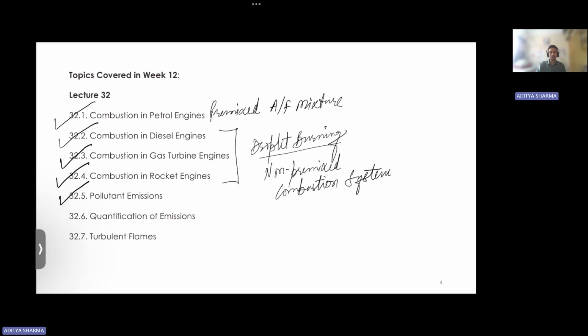And out of all these, the depletion of the ozone layer is one particular topic that is of great concern to us. Emissions from combustion are responsible for this.